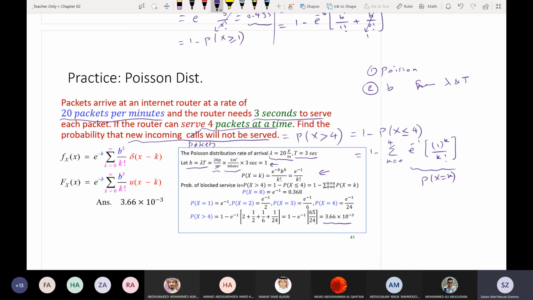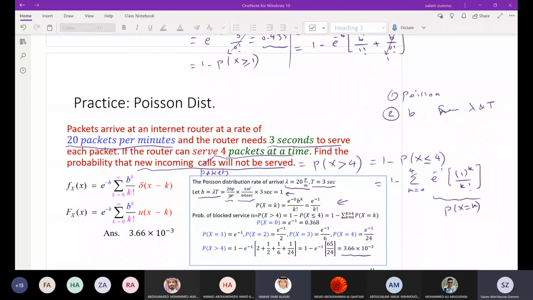Any question? Doctor, here we avoid the infinite sum by finding the probability of the complement. Exactly. Always do it this way, otherwise you will keep calculating to infinity, which is impossible. The same applies to the binomial, by the way.